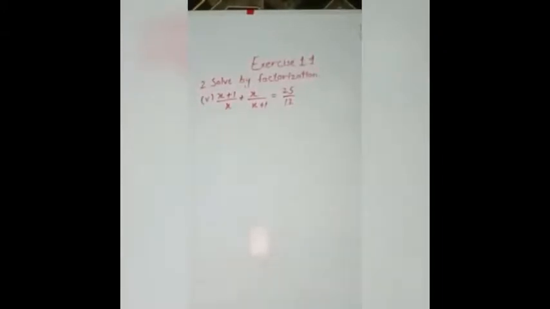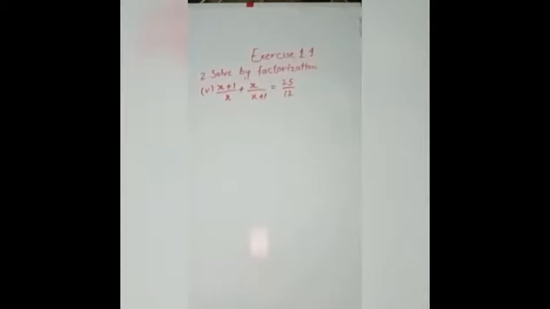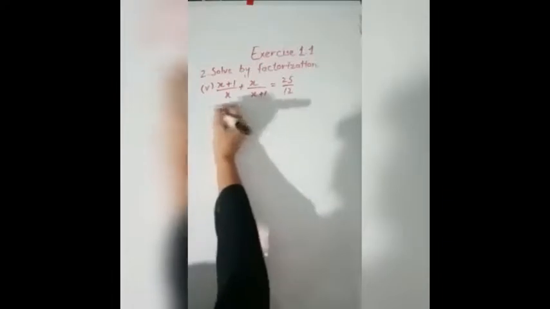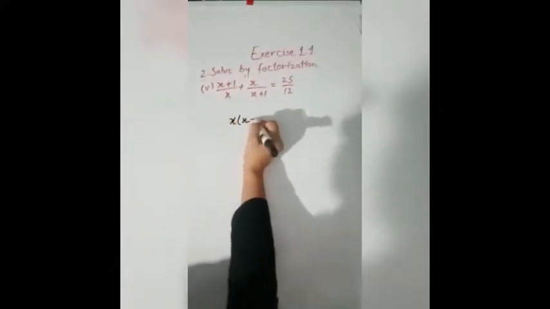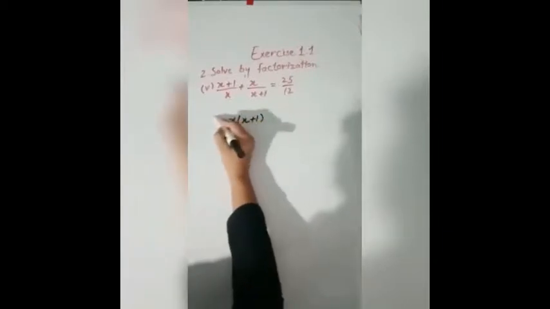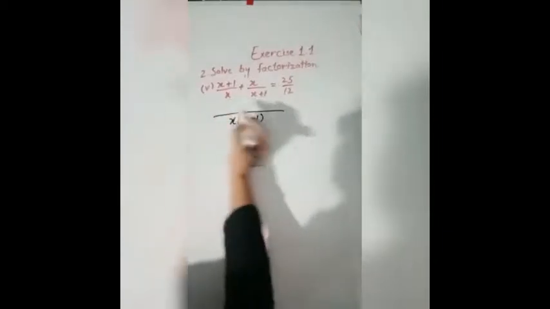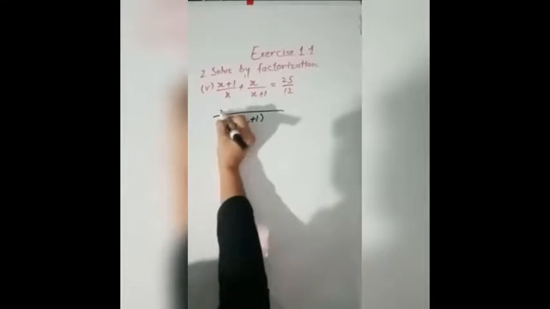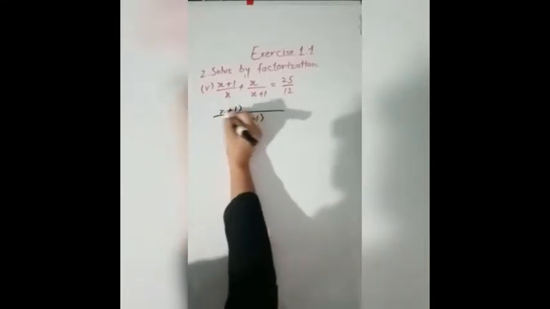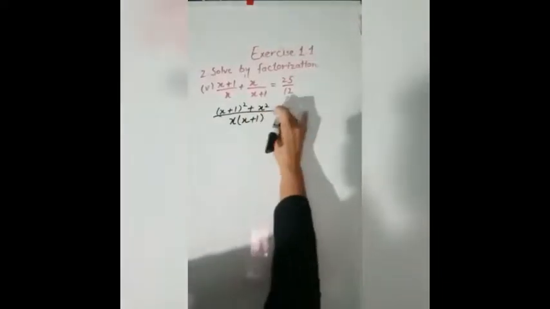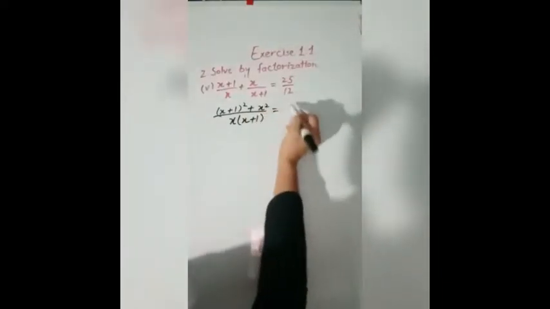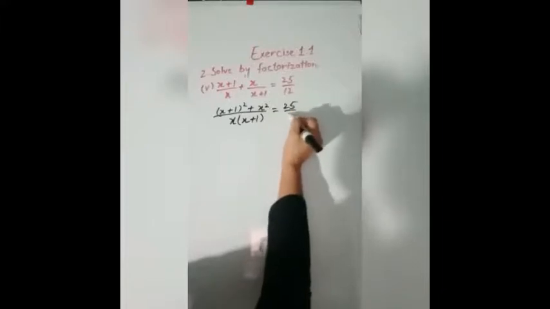So part 5 is here. First we have to convert into standard form. So we have to take LCM. Here we get x plus 1 square plus x square equals to 25 by 12.